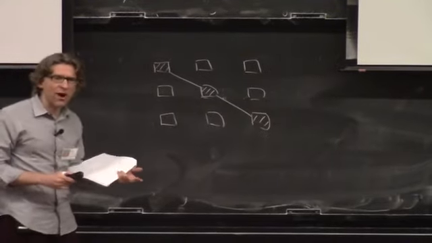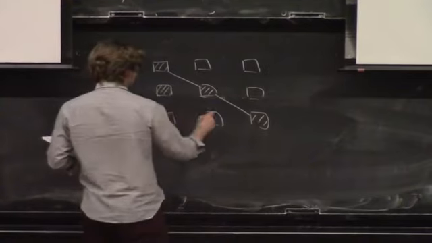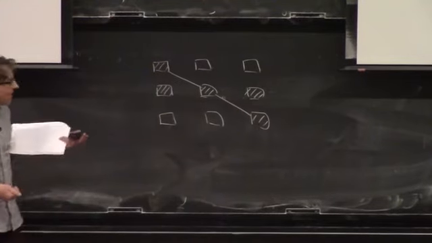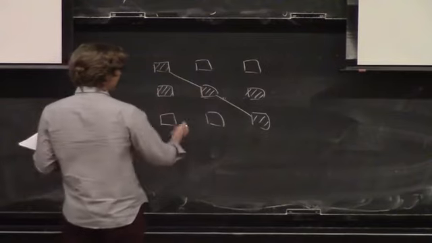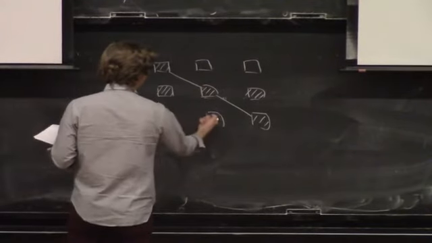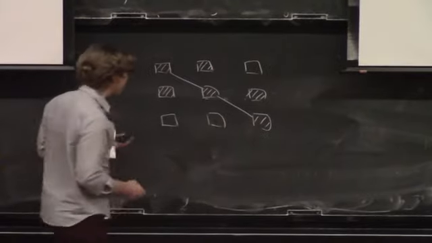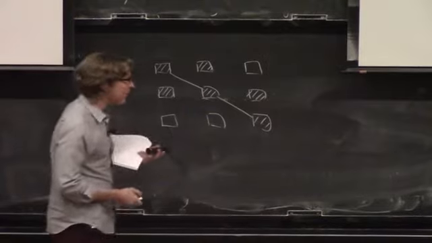Well, that means that some row has to contain 2 boxes, and using the action of the symmetric group, I can assume without loss of generality it's the middle row. And then the question is just where do I put the last 2 boxes? So as not to violate the exclusion principle, I have to put one of them either here or here. And again, without loss of generality, it might as well be here. So then the only question is where does the last box go?